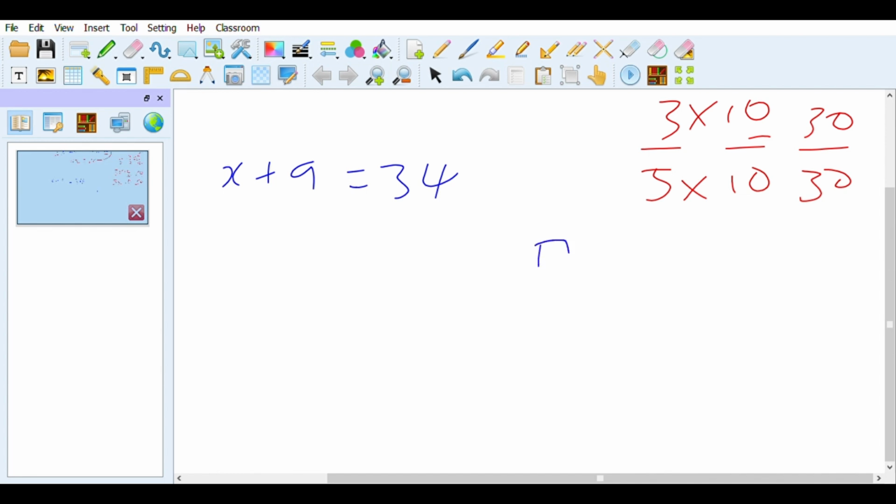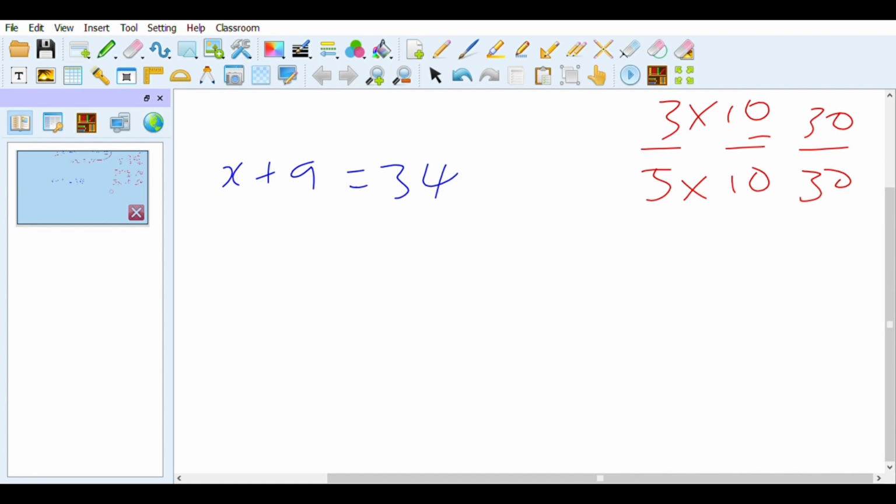So we have a box plus 9 is 34. If it is an open sentence like this, it requires us to put something inside the box. So anytime you're asked to solve an equation, your eye should first of all go to the variable. It means we want to put a number in that variable that will make the equation true.